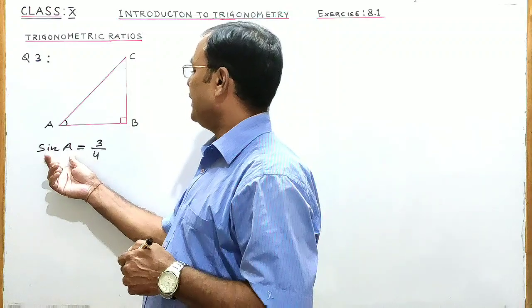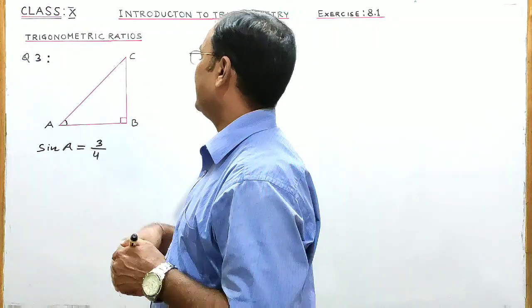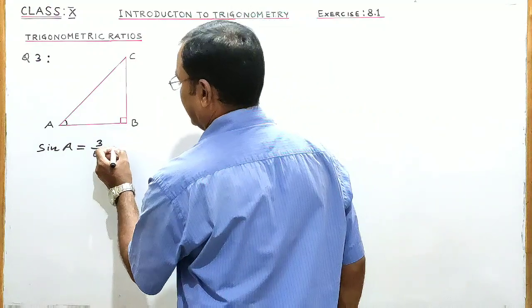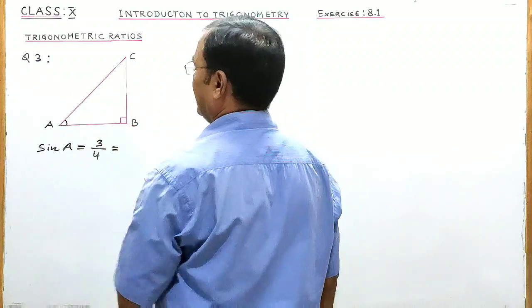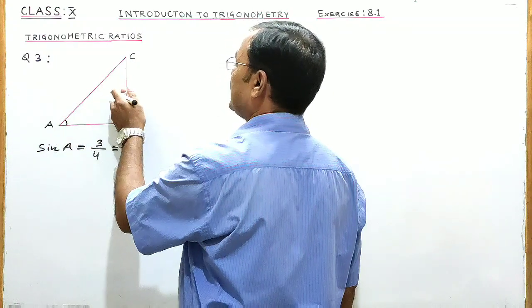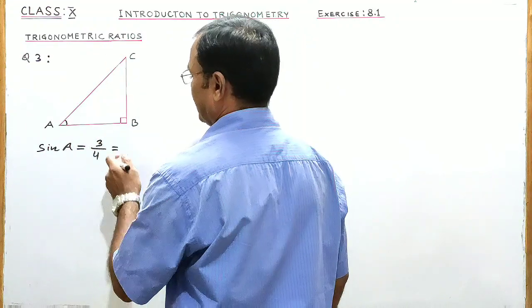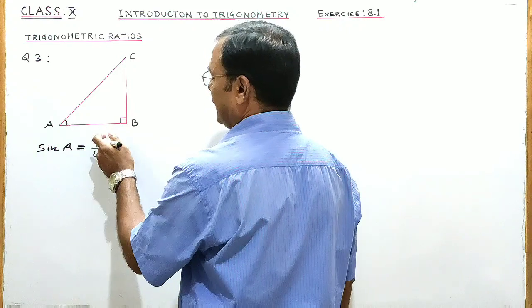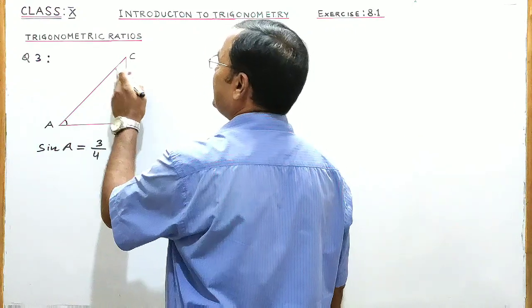So how sin is defined for an acute angle A in a right angle triangle? It is defined as perpendicular by hypotenuse. For this acute angle A, opposite side BC is perpendicular and AC is hypotenuse. So this sin A, which is given 3 by 4, is defined as BC by AC.